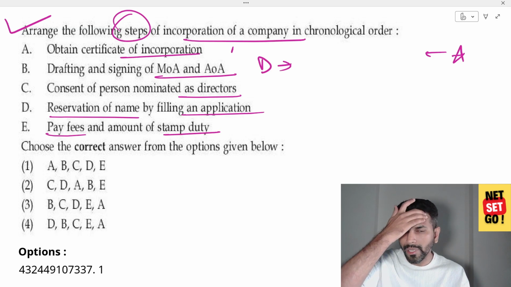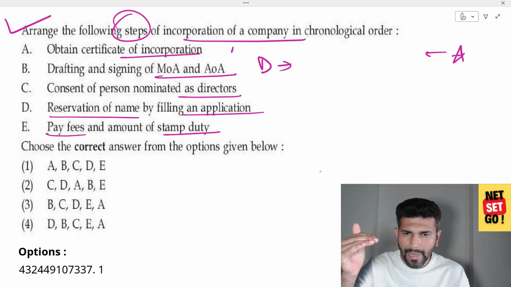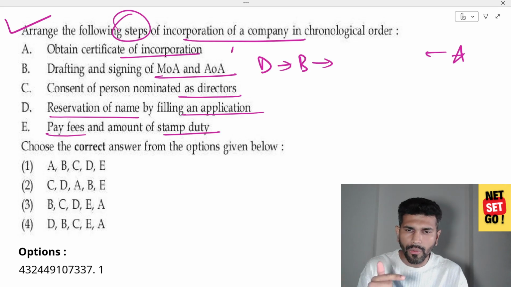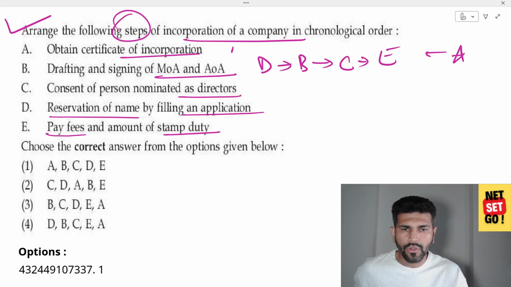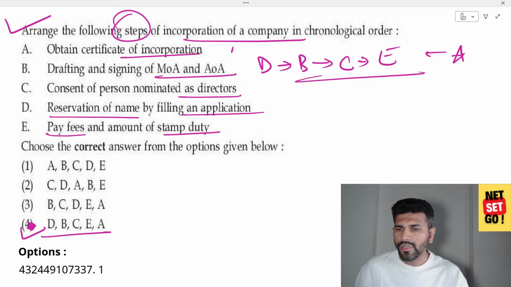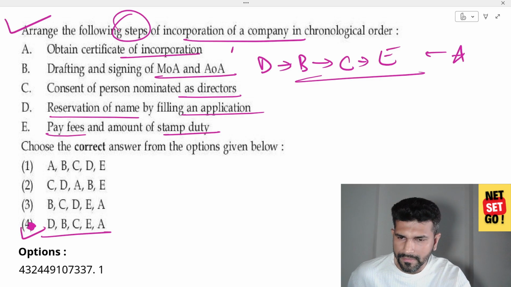So the correct sequence will be reservation of name by filing an application D, then drafting and signing MOA, AOA B, then consent of person nominated as director C, then pay fees and amount of stamp duty E, and obtain certificate of incorporation A. DBCEA. Option 4 is the correct sequence.